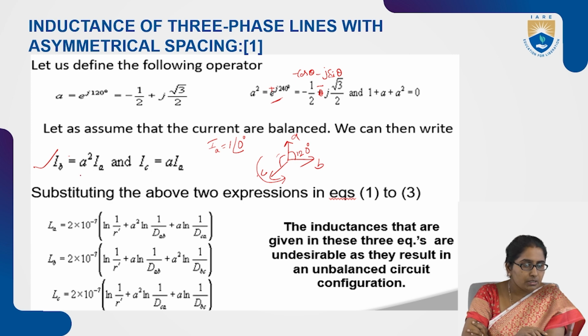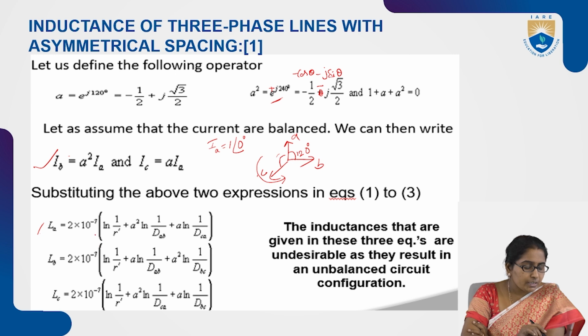Then, inductance is given by flux linkages by current, so for phase A it is psi A by IA.